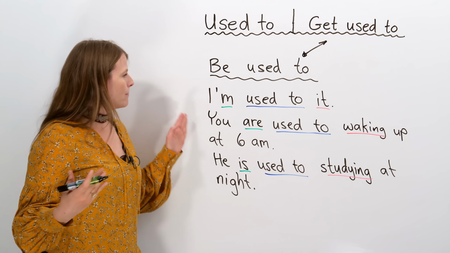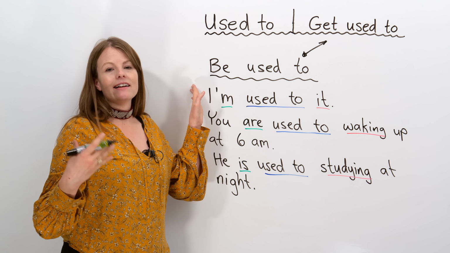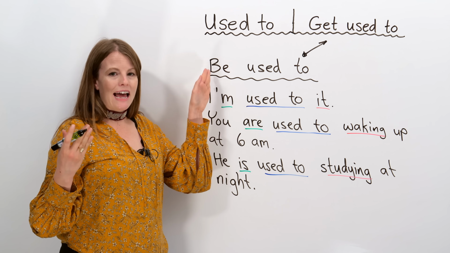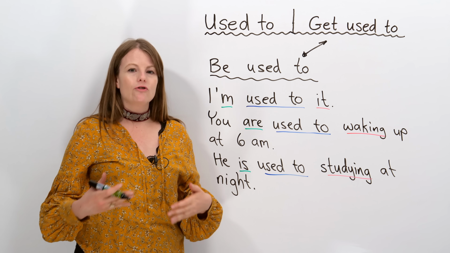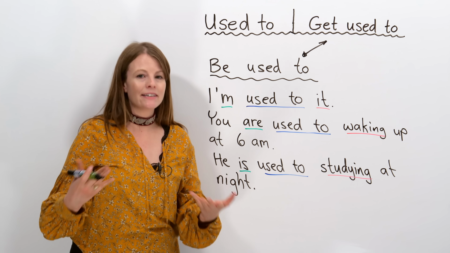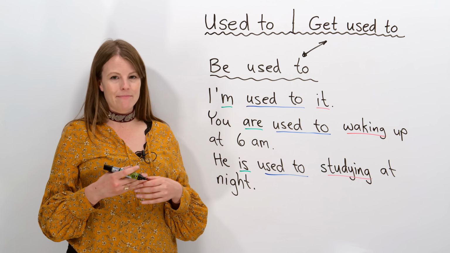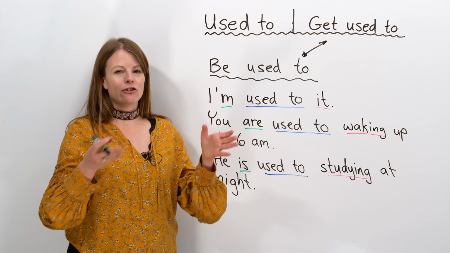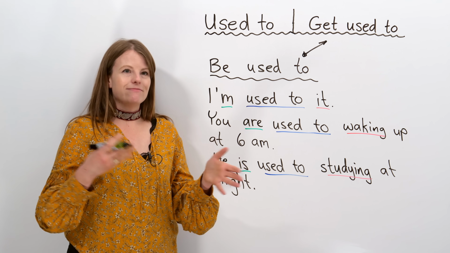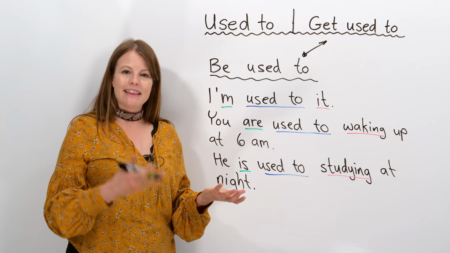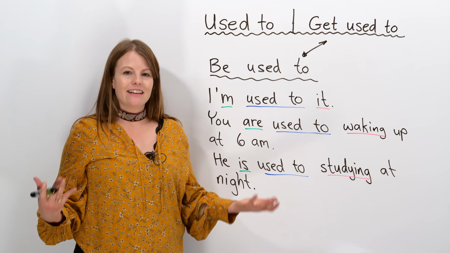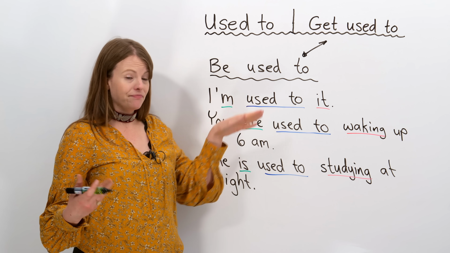Again, get used to and be used to mean to become accustomed to something, to become familiar with something, when something is strange or unusual, but then it becomes normal. That's when we use these words.